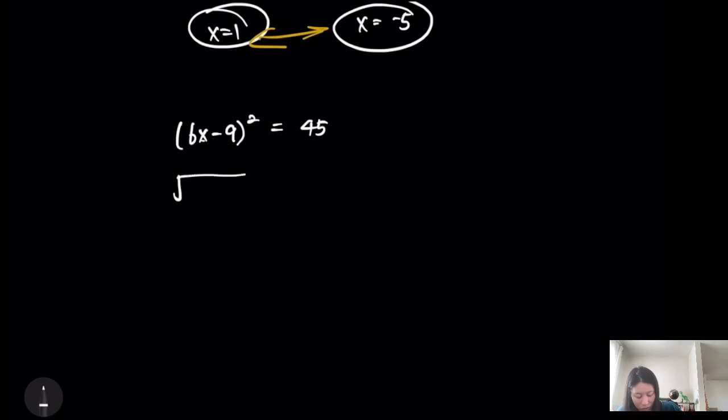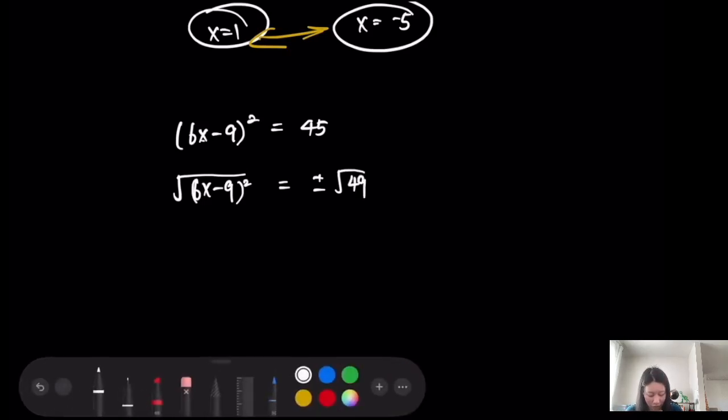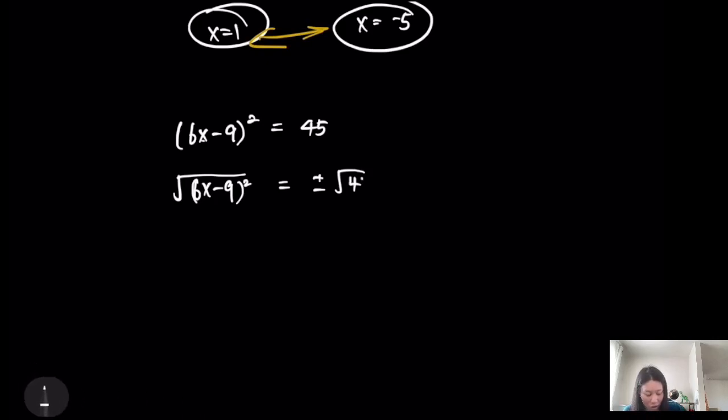So when we take the square root of 45, not 49, 45. All right, so the square root, I can cancel it out. I got 6x minus 9 on the left side of the equation.